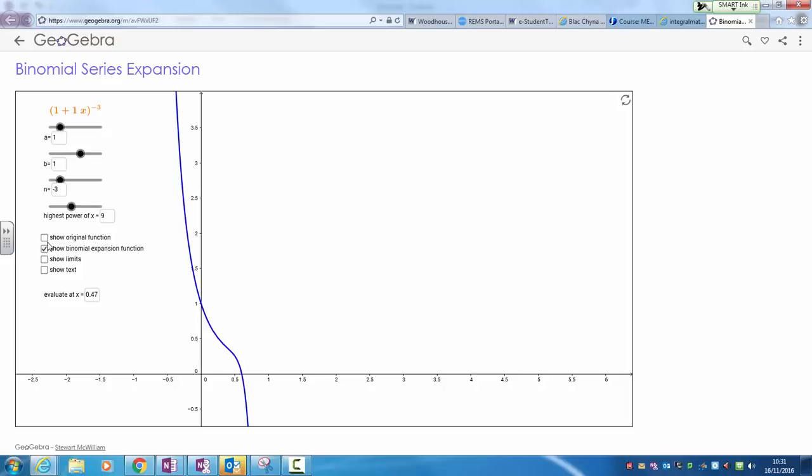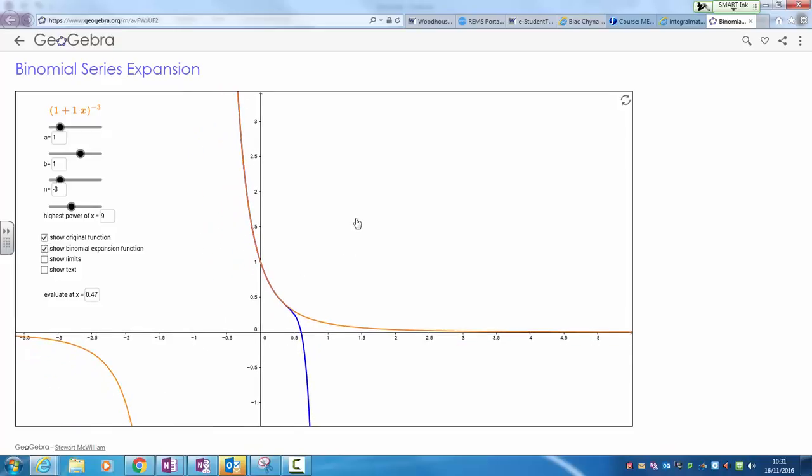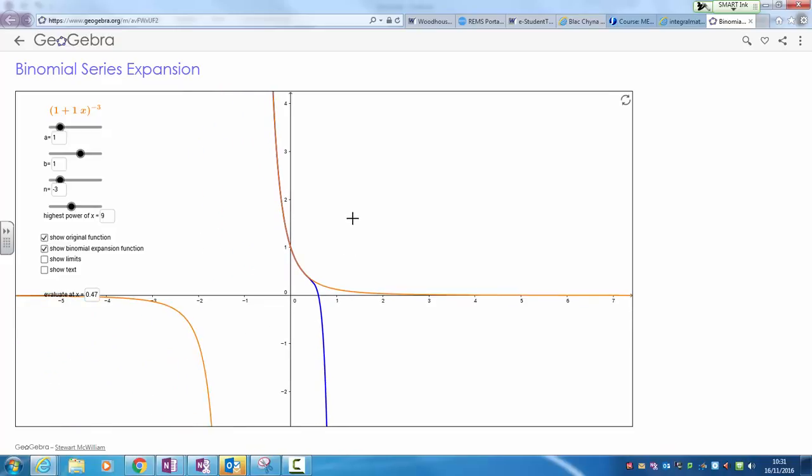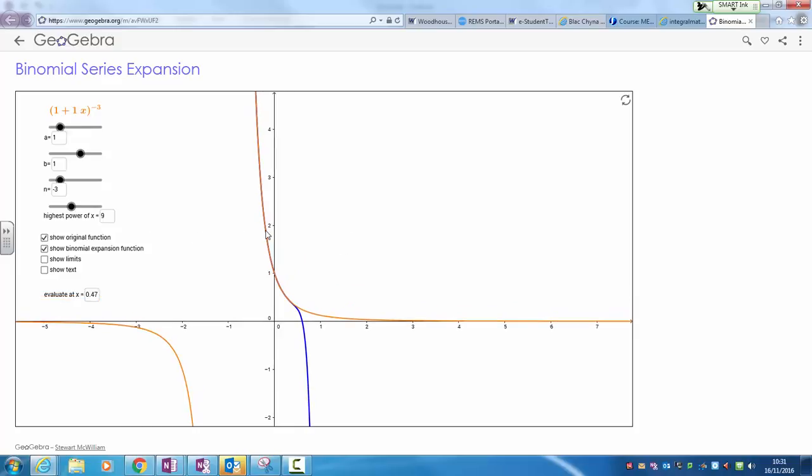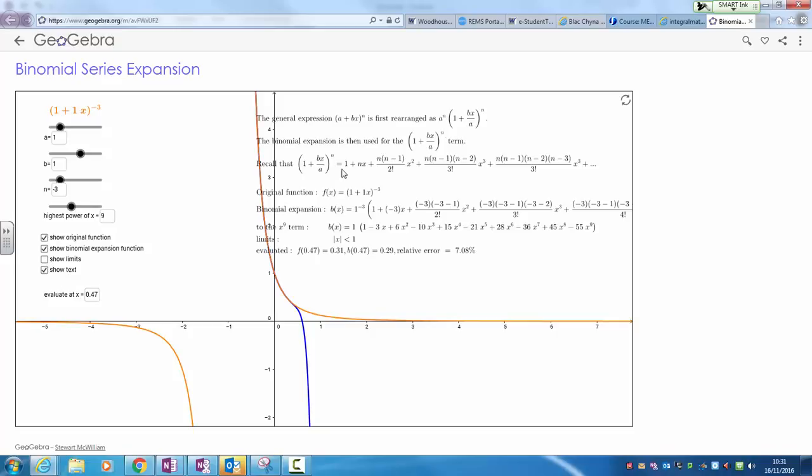Okay. Now, what we can say is within a certain boundary, the gradient of both of them is actually going to be the same. The functions are essentially the same. Here's the working out, so this is what we end up getting.